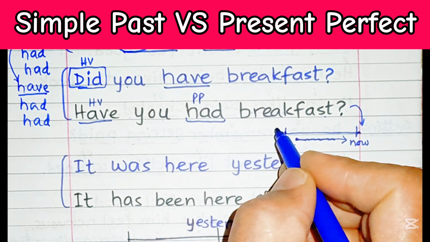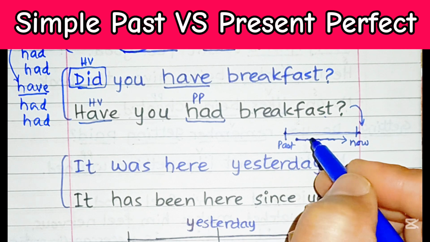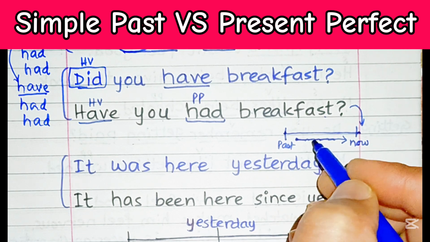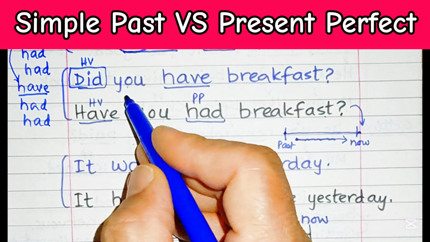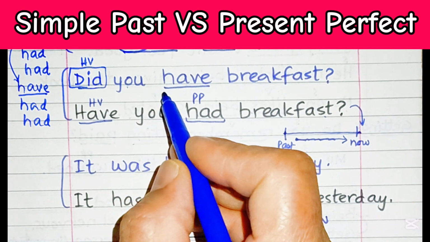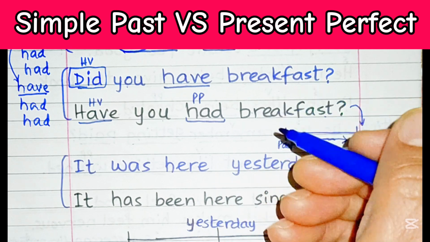Have you had breakfast? This question might be asked early in the morning. It's still early at 8 o'clock, and then this question, did you have breakfast, perhaps would be asked later on in the day, maybe 10 o'clock.